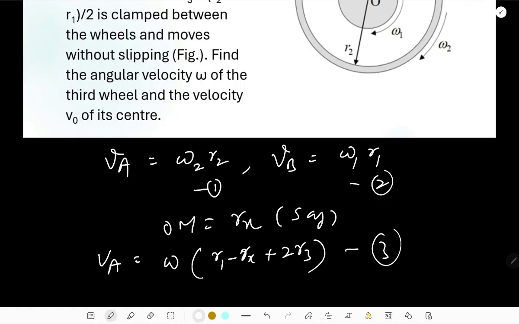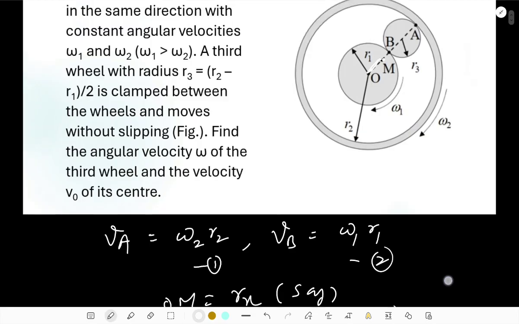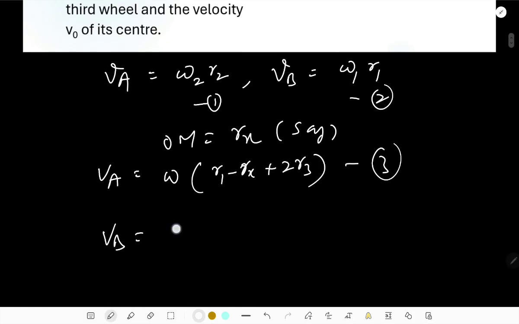This is my equation number 3. And what is the velocity of B in terms of the instantaneous center of rotation? B is quite simple, simply R1 minus Rx. So velocity of point B is omega times (R1 minus Rx). This is my equation number 4.